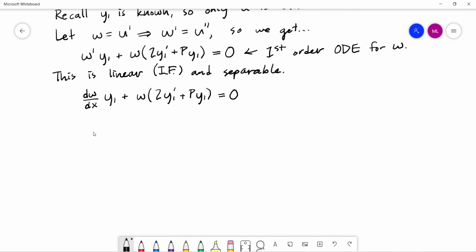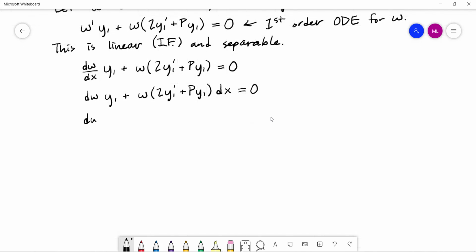First thing, let's multiply everything by dx. So I'm going to get dw times y1 plus w times 2y1 prime plus py1 dx equals 0. And I'm going to move this whole piece over to the other side of the equal sign. So we'll have dw times y1 equals negative w times 2y1 prime plus py1 dx.